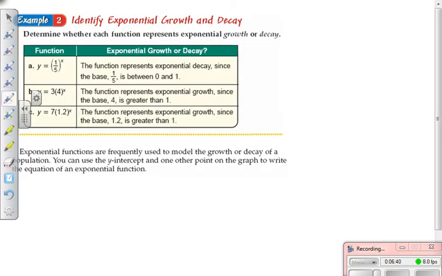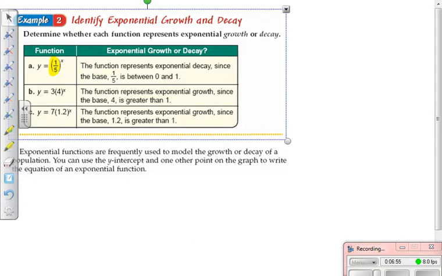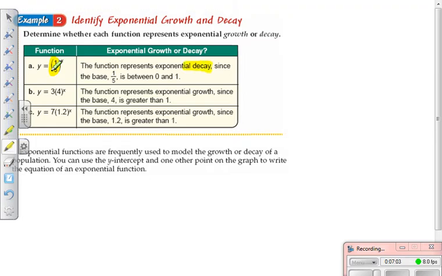So, naming them. Here you see the same thing, looking at these models. If I look right here, since that number is something other than a whole number or a number greater than 1, it's a decay graph.